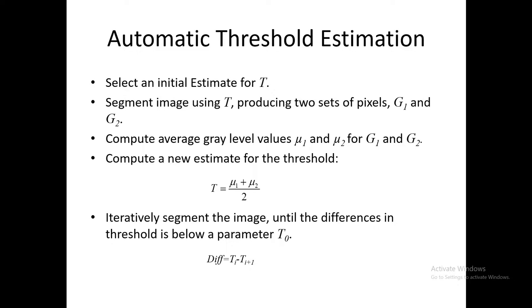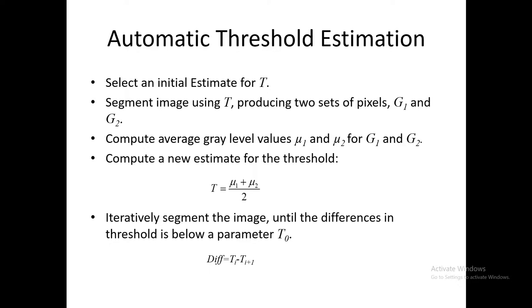With threshold t we partition the image into two groups, g1 and g2, and from these two partitions we take the averages mu1 and mu2. Then we compute the new estimate for the threshold as the average of the two means.